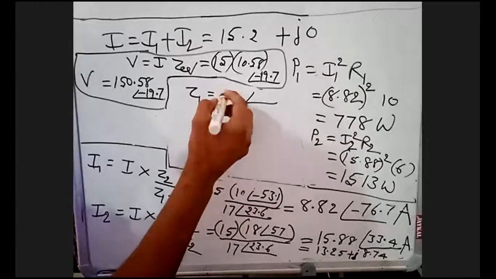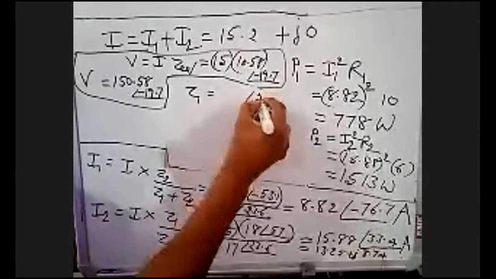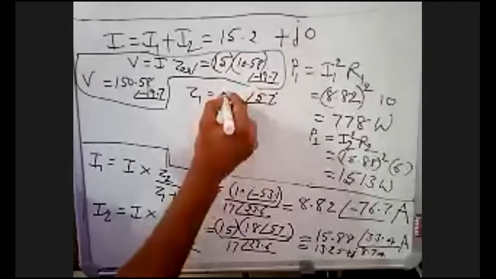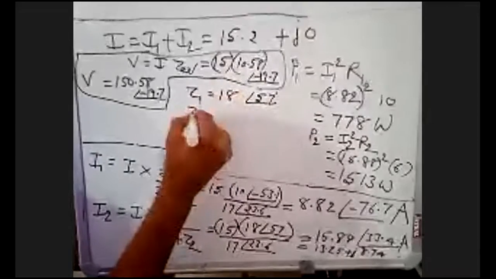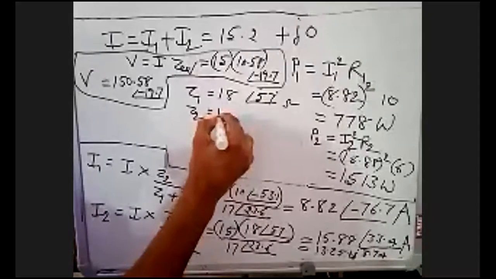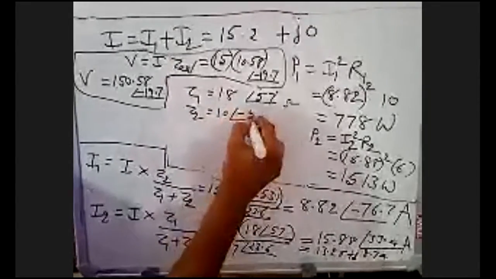Z1, what is the value you got here? Magnitude 18, angle 57. Z2: magnitude 10, angle minus 53.1.